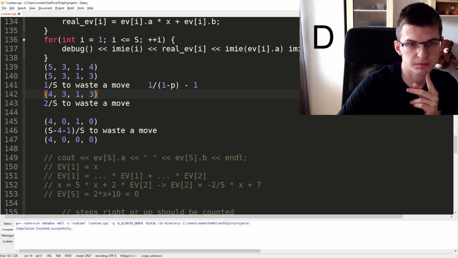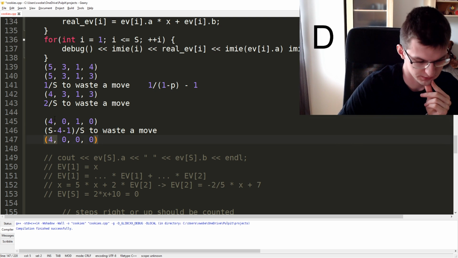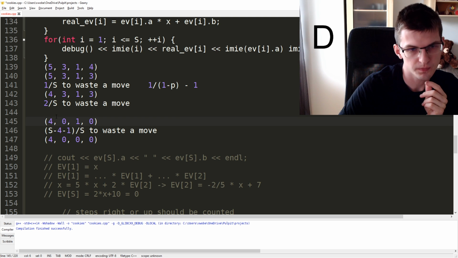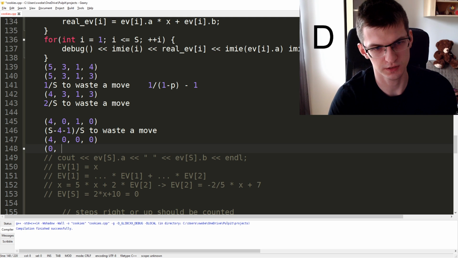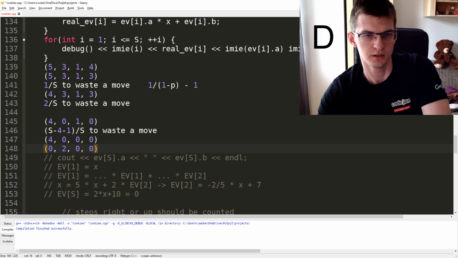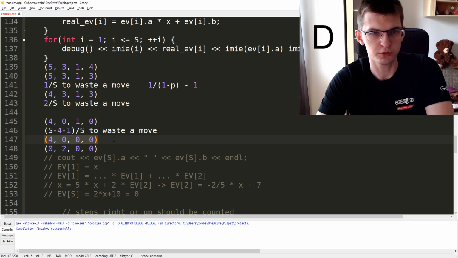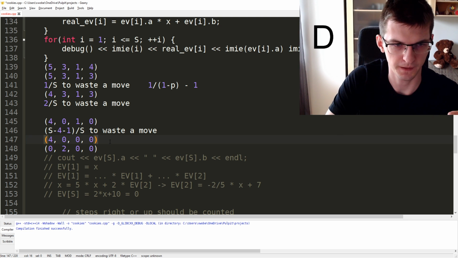I will need to sum this up, but also I need probability to get there. Those are mutually exclusive. If I get here, it means I will not get to this state. So for each of them, if I want to reach this, I just care about the number of first elements.